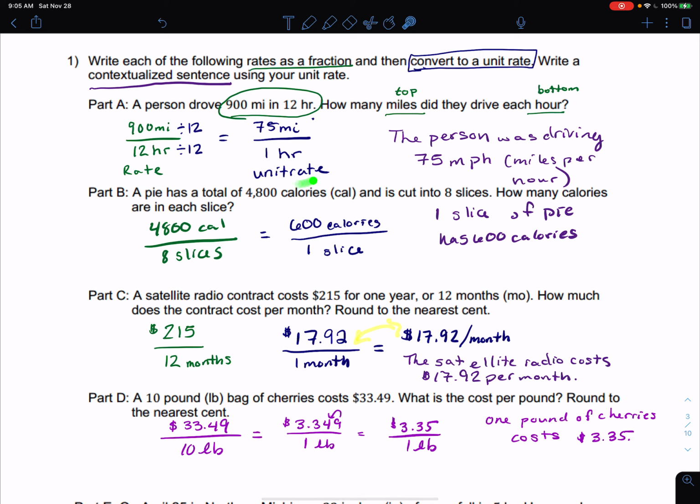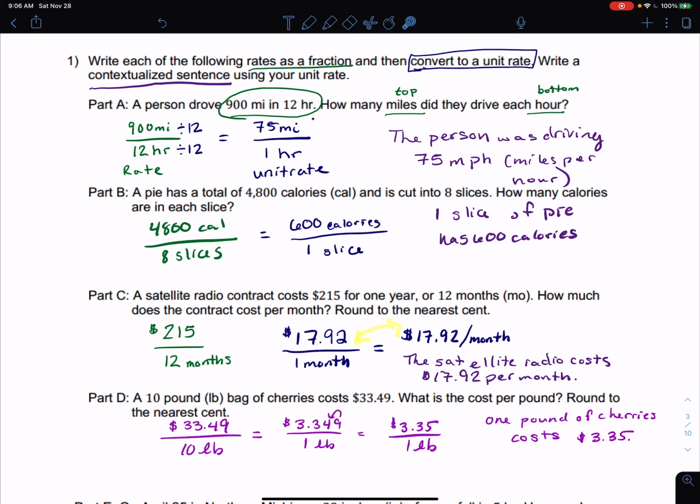To get it into a unit rate, we divide by that denominator. So I divide by 12 and divide by 12, which gives me 75 miles per 1 hour. If I'm trying to write this as a contextualized sentence, I would say that the person was driving 75 miles per hour, which can be abbreviated MPH.